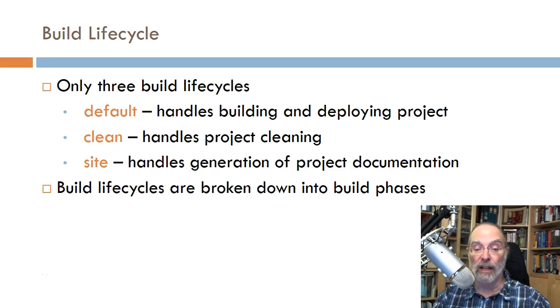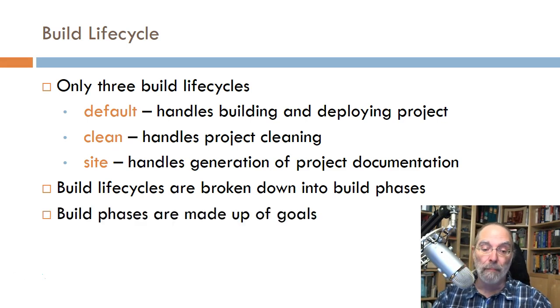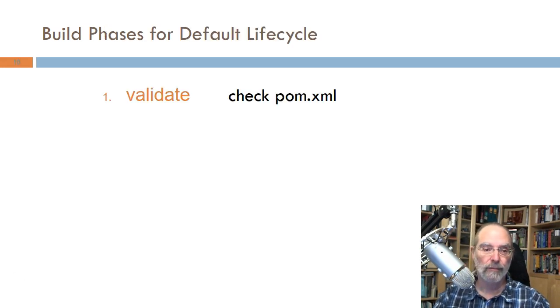Now, each of the life cycles are themselves broken down into build phases. A build phase is made up of a goal, a particular outcome that we expect. We do use phases and goals. So here we have the default phases for a default life cycle.